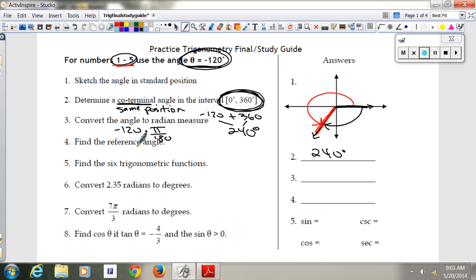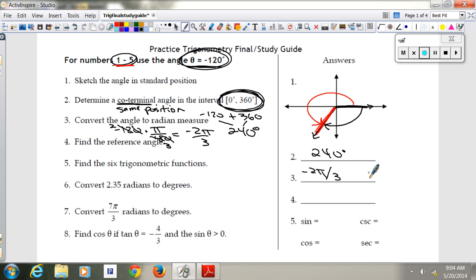What can you divide 120 and 180 by? 6, 10, they both end in 0, right? So I might start with 10 to get rid of those zeros. And then I would do the 6, and that's going to give me a 2 and a 3. So my answer is negative 2 pi over 3. So negative 2 pi over 3 is your answer to number 3 for the radians. That would be how many radians the negative 120 is. It's negative 2 pi over 3 radians.